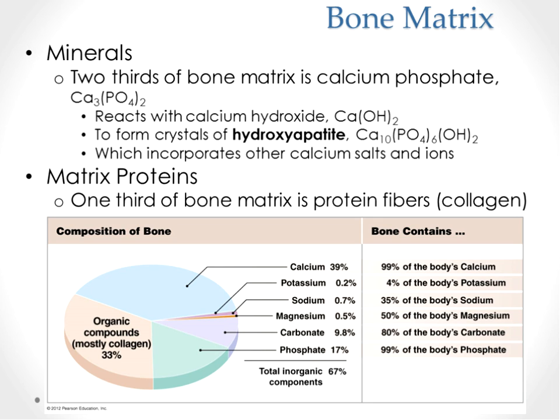So sometimes we'll also use them to help be storage molecules for these ions. Most of what compact bone is, is inorganic, meaning it's these ions and molecules that might have a carbon atom and might have a hydrogen atom, but they don't usually have both a carbon and a hydrogen atom.